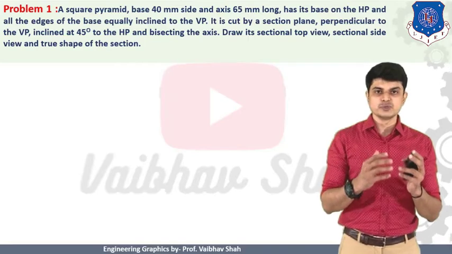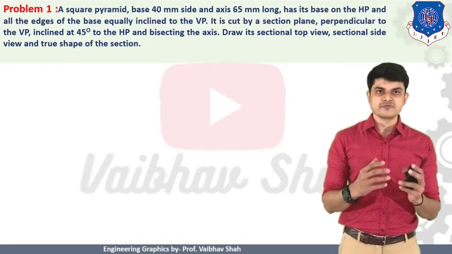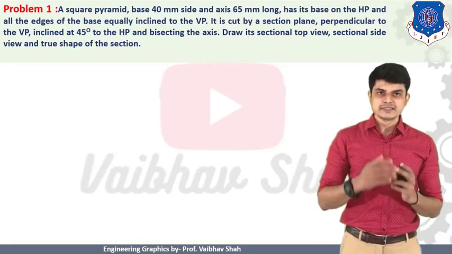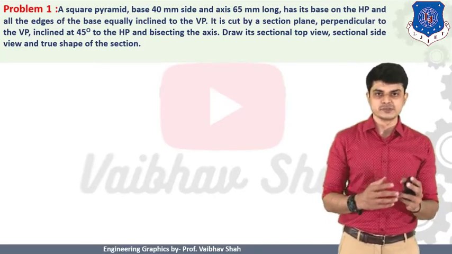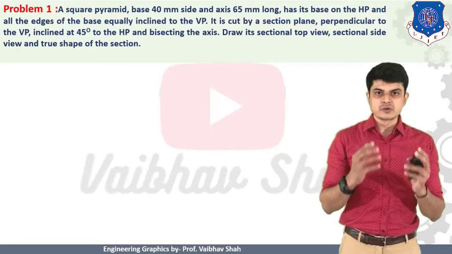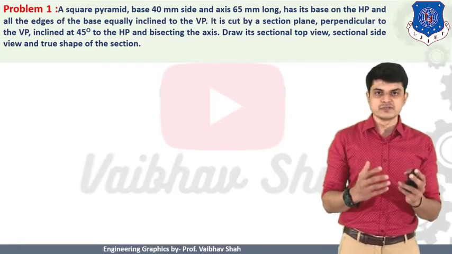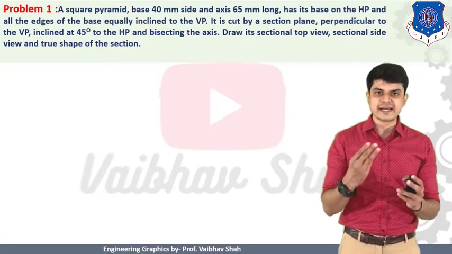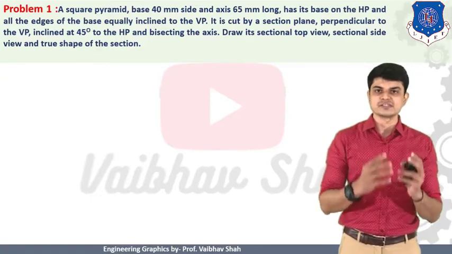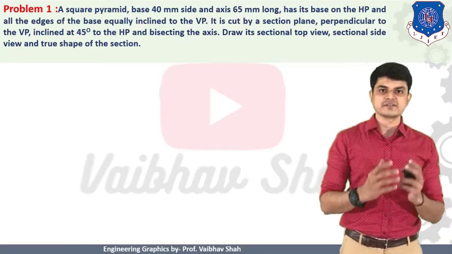So, which are the views you should draw? So, let us see. So, here, first is your sectional top view. Second is your sectional side view, and third is your true shape of section. So here we are talking about top view, side view, front view. Obviously we should draw. So we'll be having three views: front view, top view, and side view. And then after finally we should construct the true shape of section for that object.